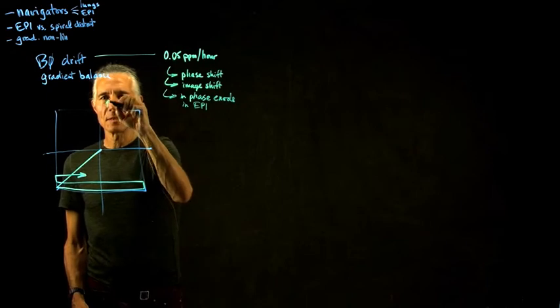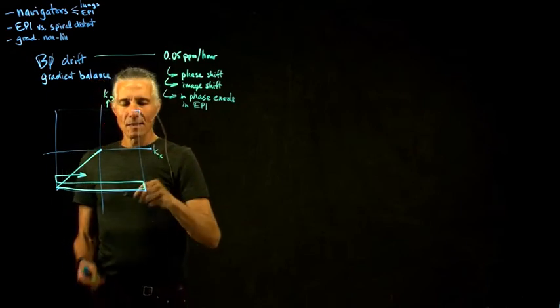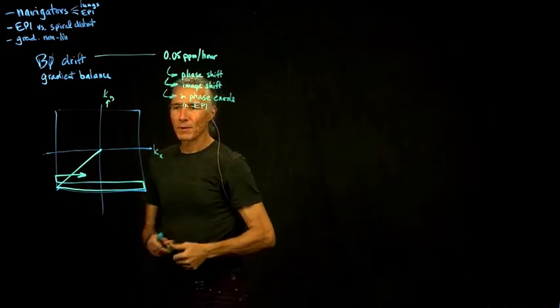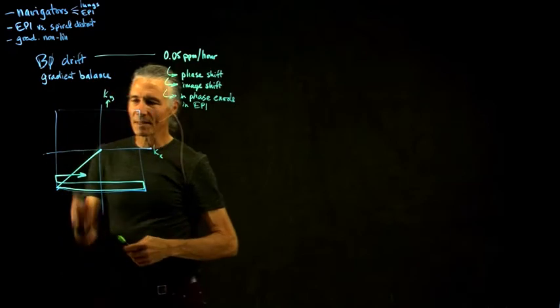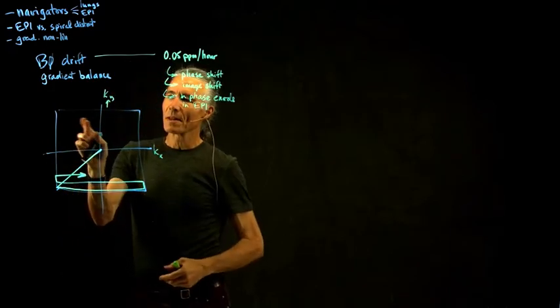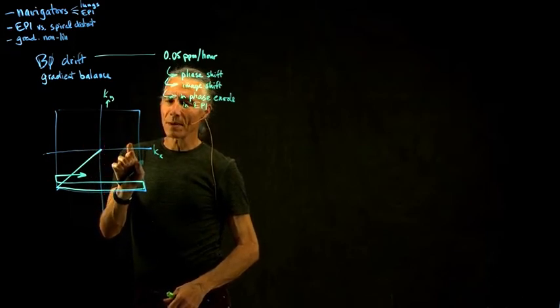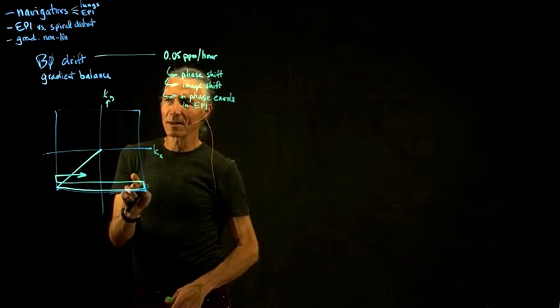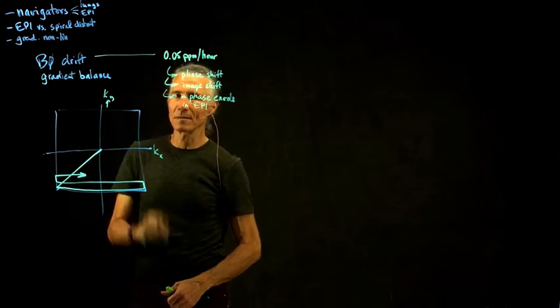So this is KY and this is KX. Those blips are very small compared to the very large gradients going back and forth. So if there's a little bit of error in the B0, it's much bigger relative to the gradient-caused effect in the phase encode direction.